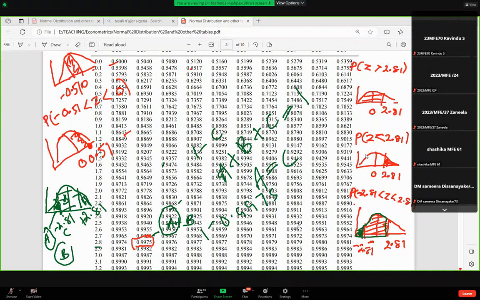Then you can see the value for this part. Is this clear? Hello, did you get the point? Yes, sir.